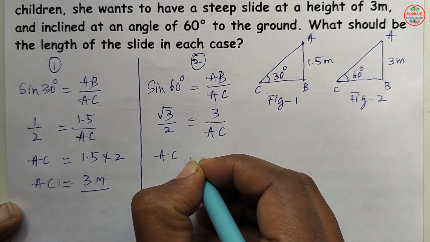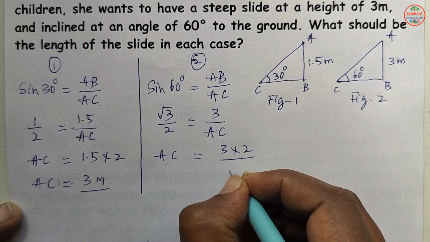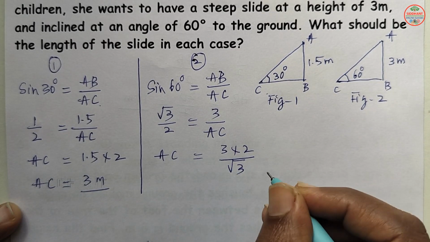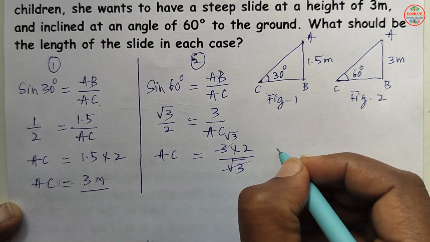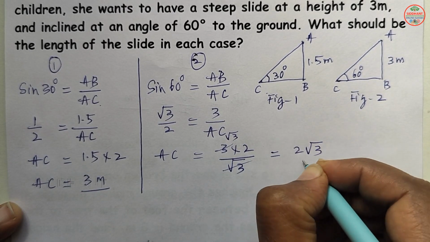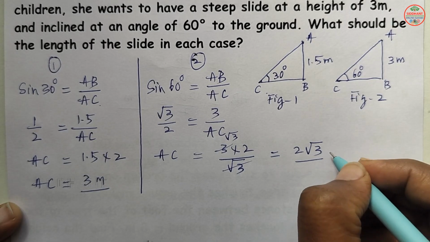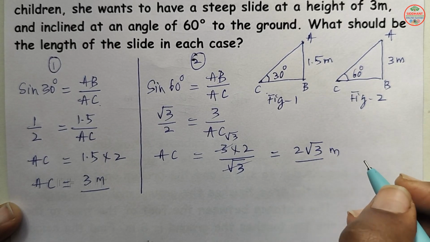So AC equals 3 into 2 by root 3. So here root 3 and here root 3, so we get AC is 2 root 3. So the length of the slide is 2 root 3.